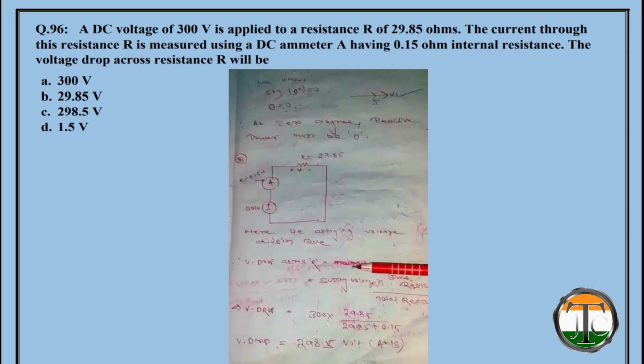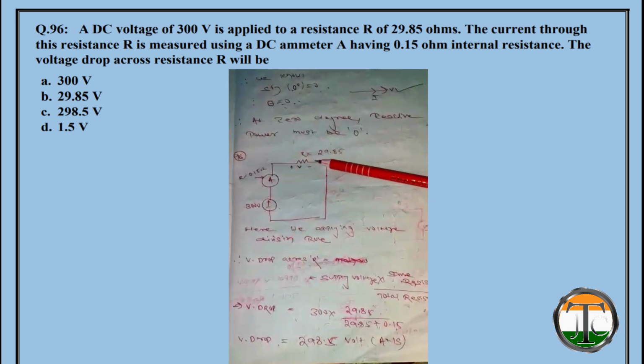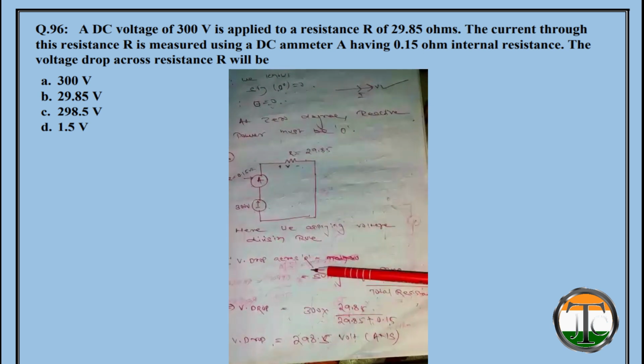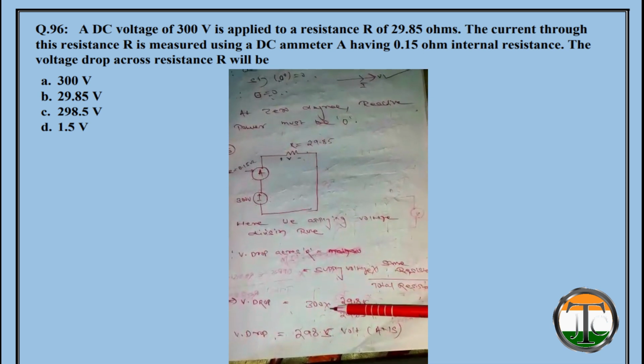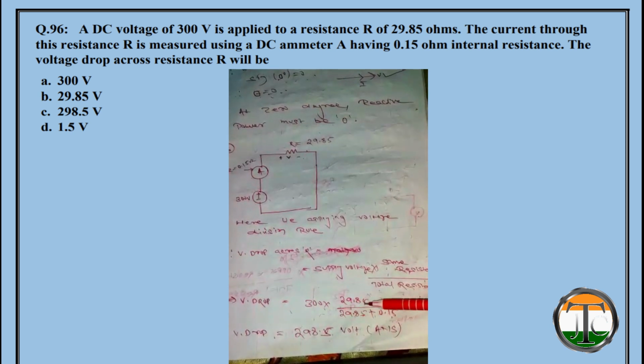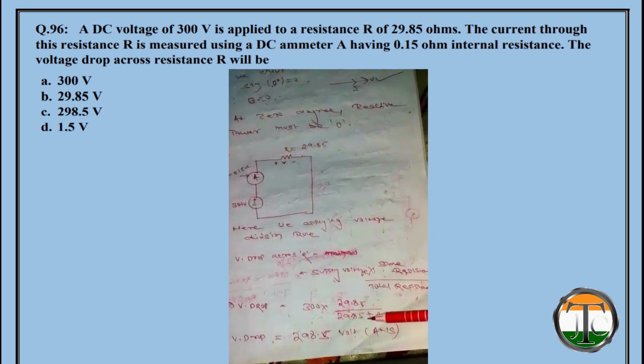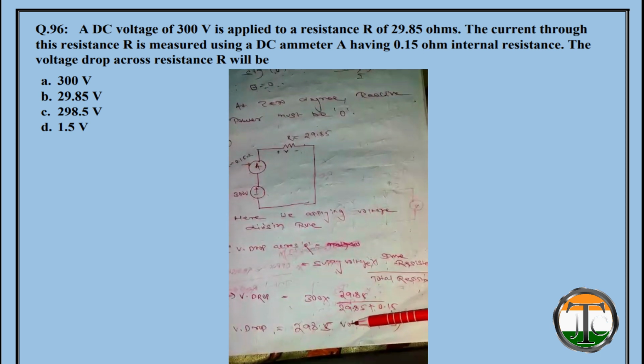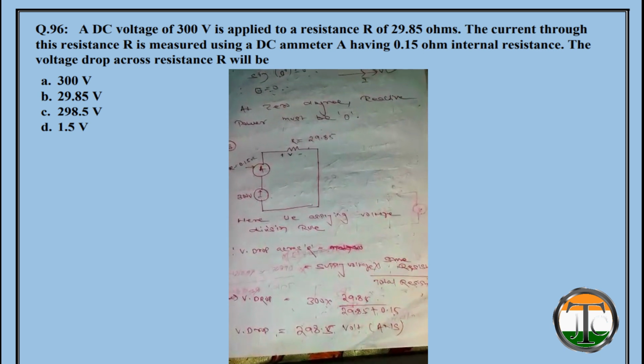Here we see two resistances: one is this R and the other is the ammeter internal resistance. So the voltage drop is equal to 300 × 29.85 / (29.85 + 0.15), which is 298.5 volt. So here the answer is 298.5 volt.